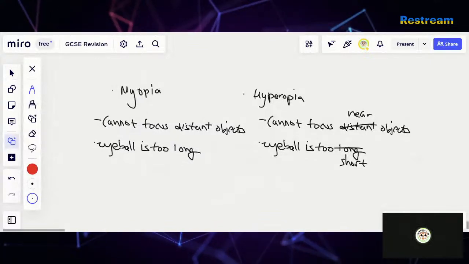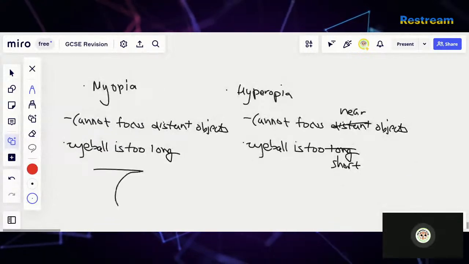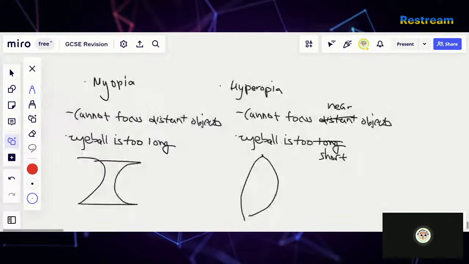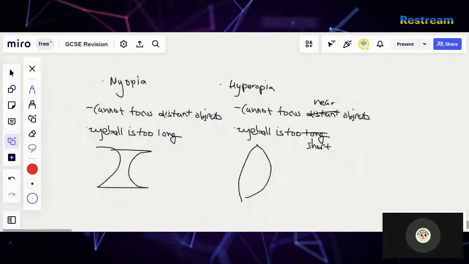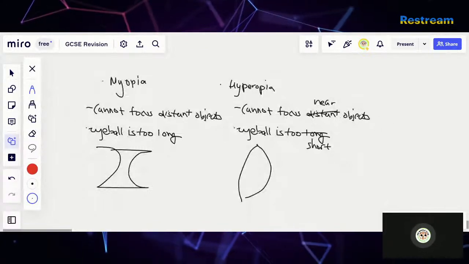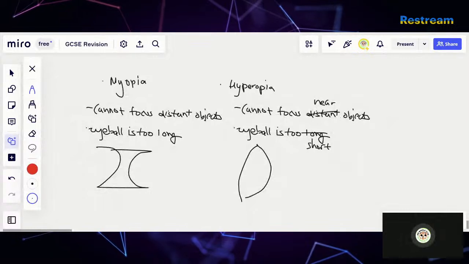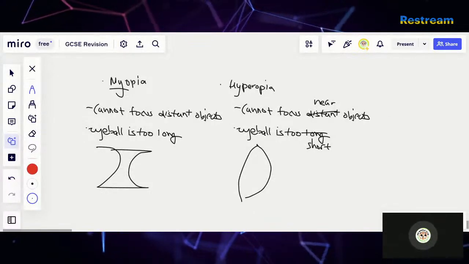Now, the things that solve each of these eye problems is a concave lens for myopia and a convex lens for hyperopia. With myopia's concave lens, it allows the rays to focus, and for hyperopia, the convex lens allows it to focus.